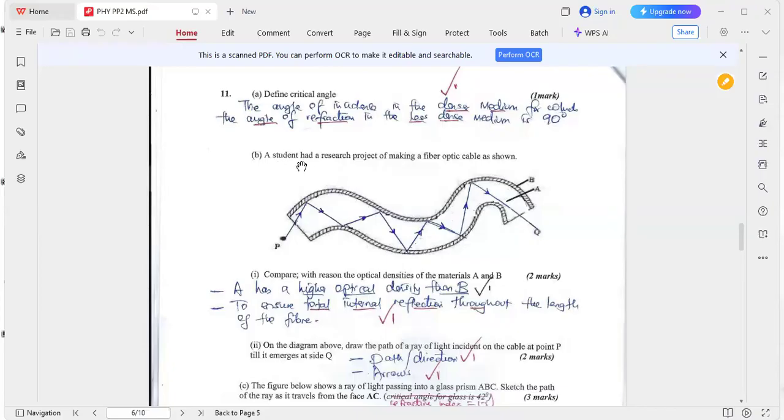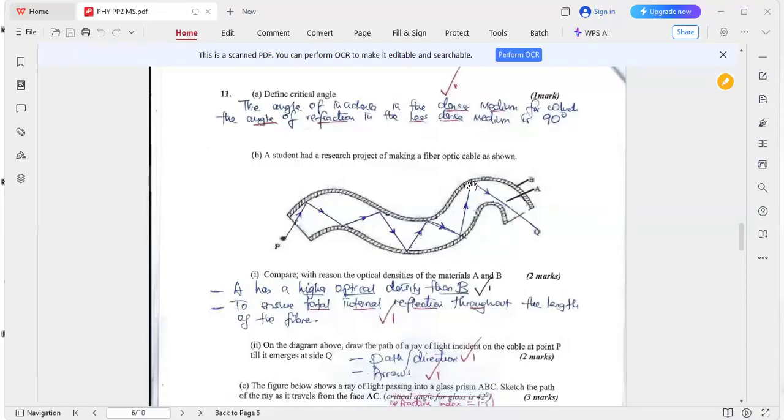B, we have a student who had a research project of making a fiber optic cable as shown. 1, compare with the reason the optical densities of materials A and B. So A we can see is the inside here, I think is glass or some optic material.